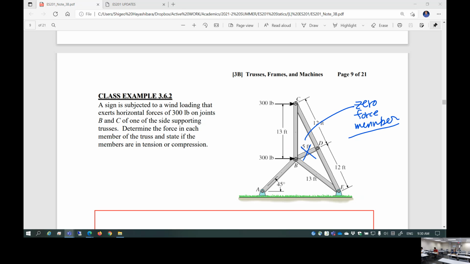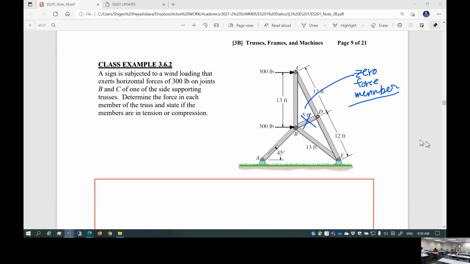So in last class, we basically took care of the zero force member. Right here, member DB is a zero force member, right? So we just completely ignore this member. You're going to just remove it from the original structure. This is a sign supporting structure.